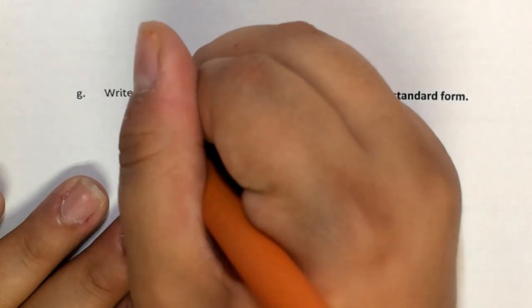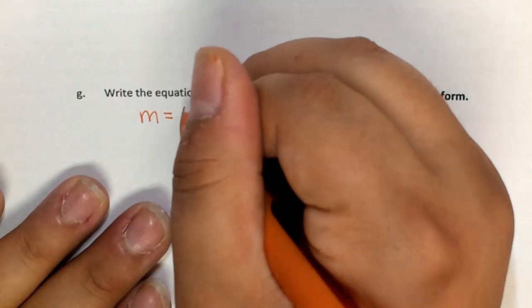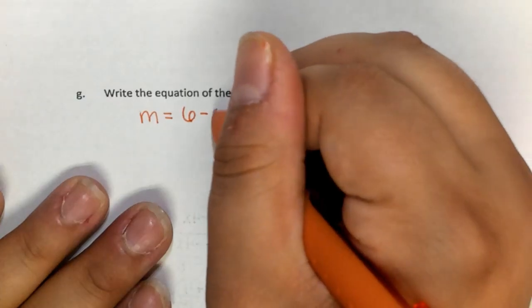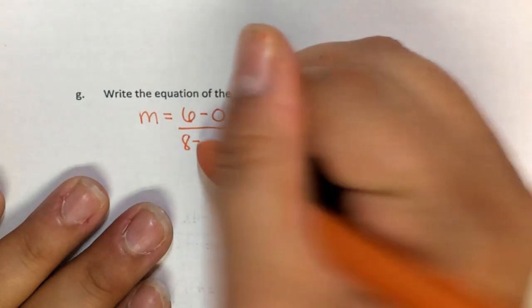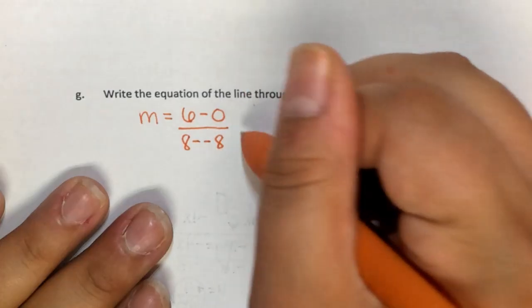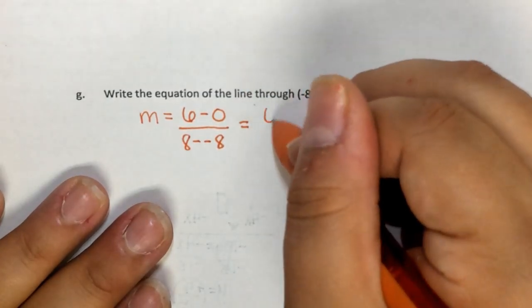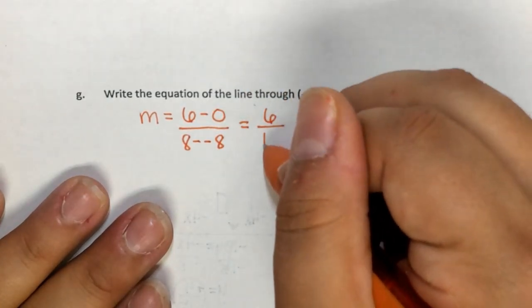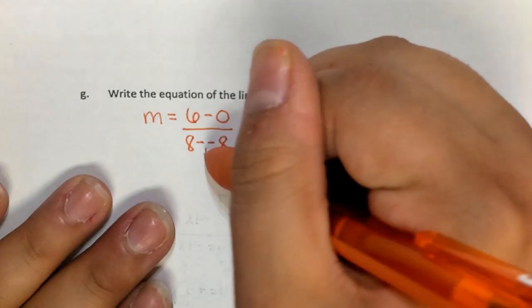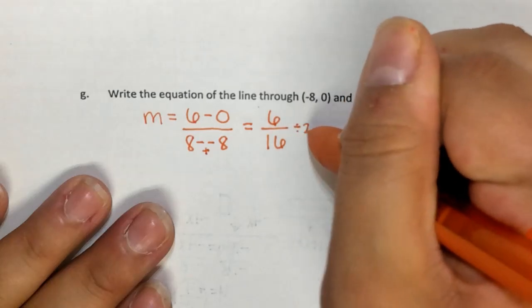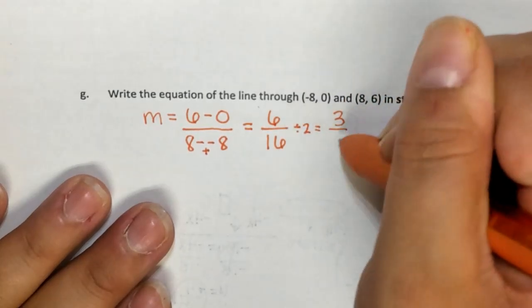I have to do slope formula. y2 minus y1 over x2 minus x1. Do y'all agree that gives me 6 over 16? And do you also agree I can divide both of those by 2 to get 3 over 8?